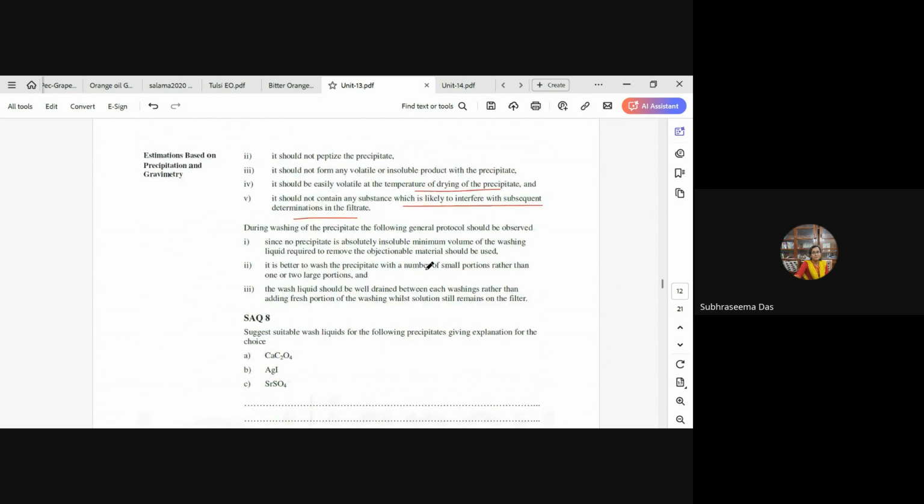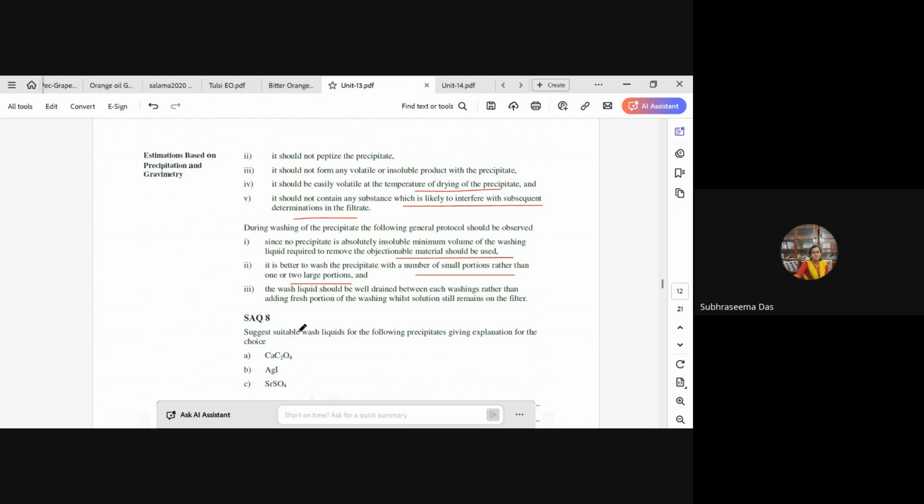Now, during washing of the precipitate, the general procedure protocols that are followed are: number one, since no precipitate is absolutely insoluble, the minimum volume of the washing liquid required to remove the objectionable material should be used. Number two, it is better to wash the precipitate with small portions rather than one or two large portions.